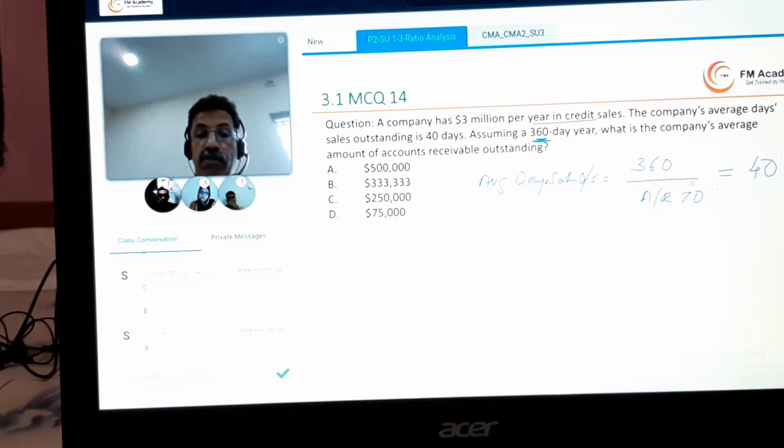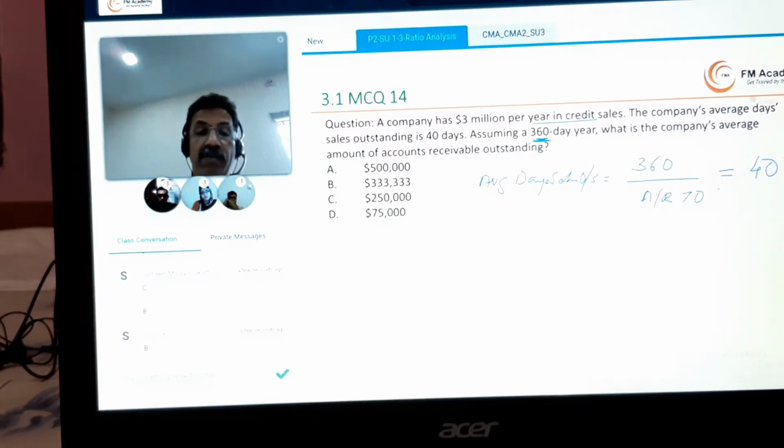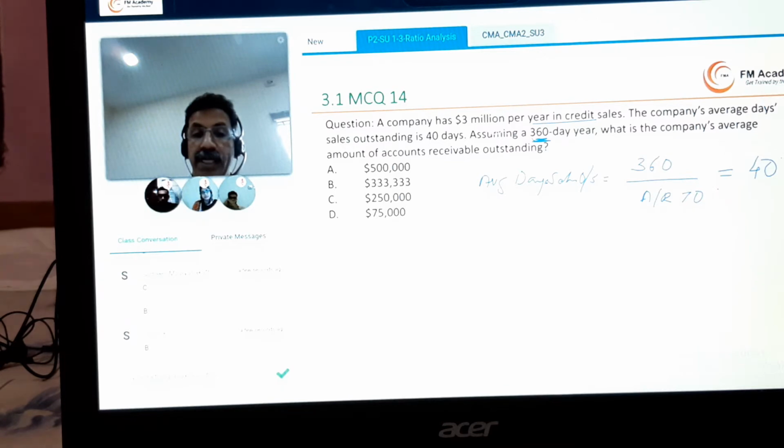The company has 3 million per year in credit sales. The company's average days sales outstanding is 40 days. Assuming 360 days, what is the average amount of account receivable?